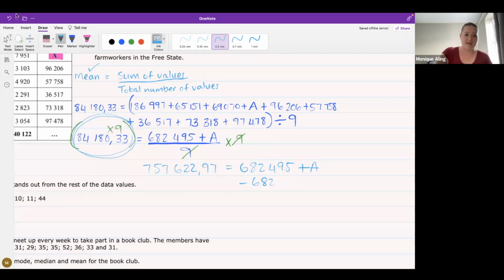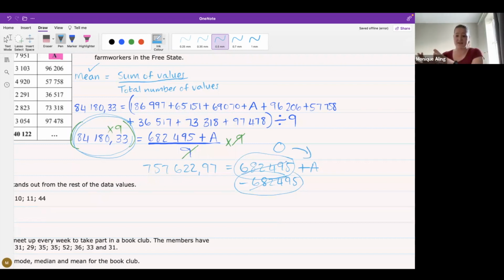So all I'm doing is on this side of my equal sign, just because I'm running out of space, I put it underneath. I'm minusing it. So if I take the 682,495 minus 682,495, it cancels each other out because I've minused it by itself. So I'm left with 0. So A can be by itself over here.